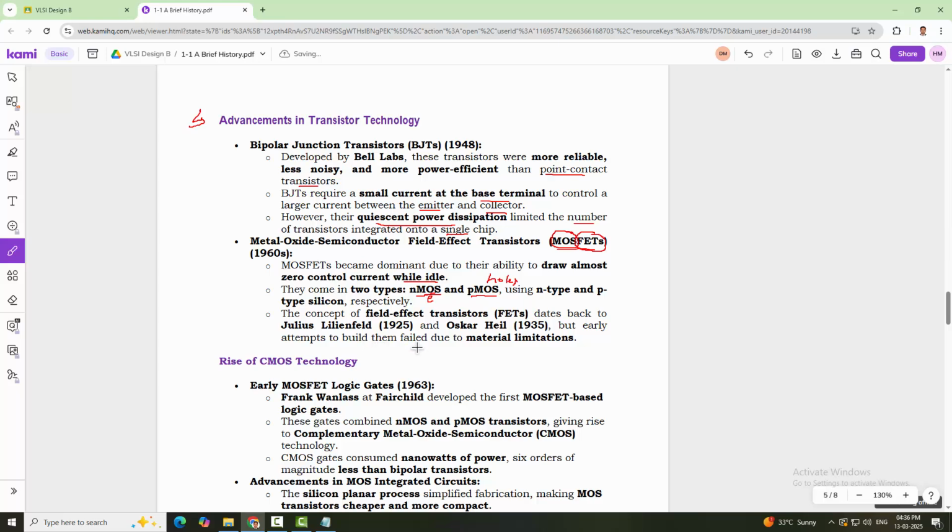But early attempts to build them failed due to material limitations. This was the problem: due to material limitations, it was kept in the dark from 1925 or 1935 till 1958.